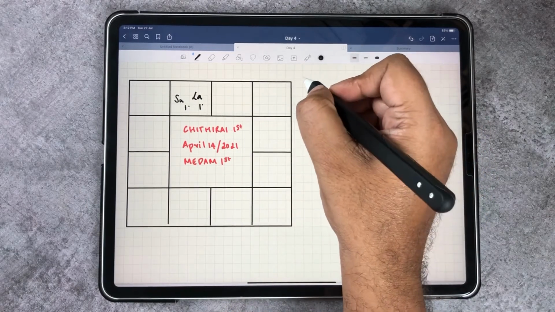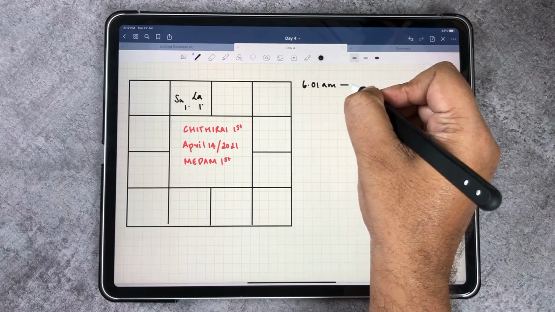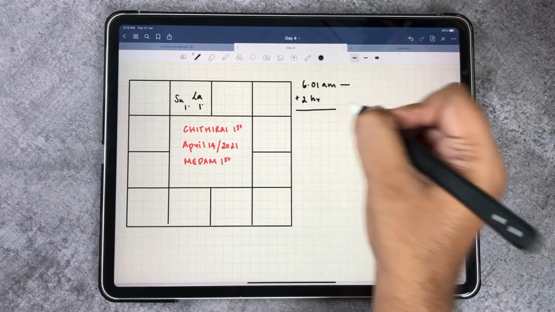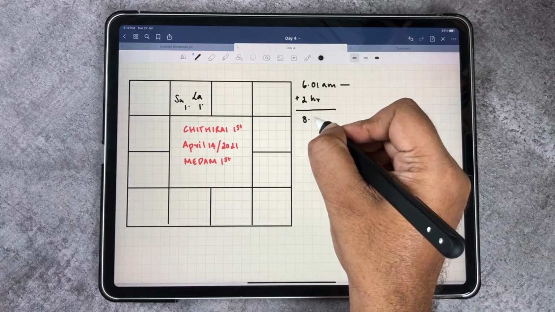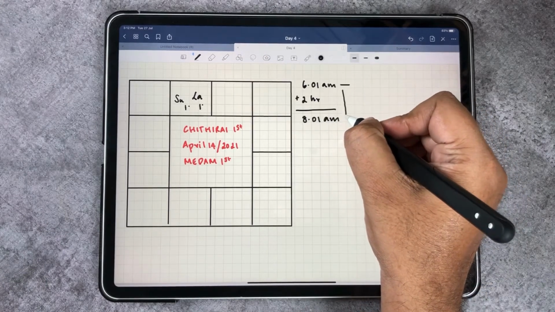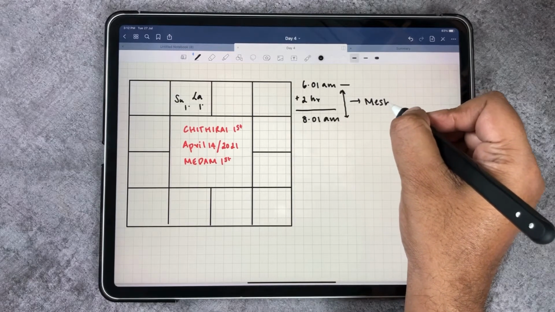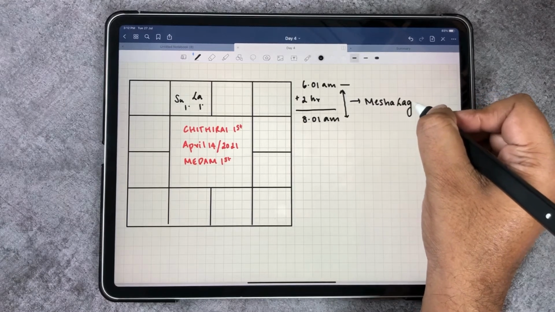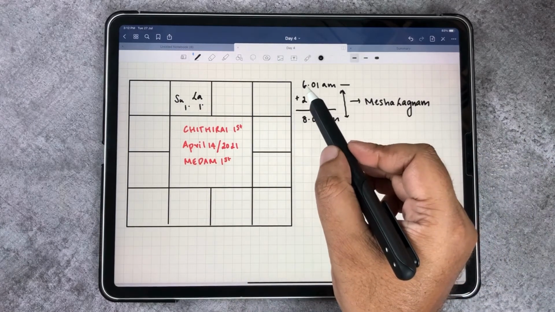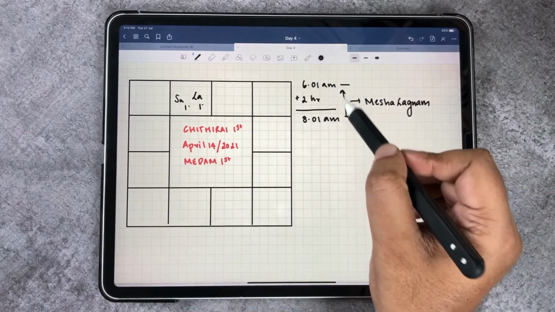So from 6:01 am, you add 2 hours, you would have 8:01 am. So from 6:01 am to 8:01 am, you would have Mesha Lagnam throughout the span.